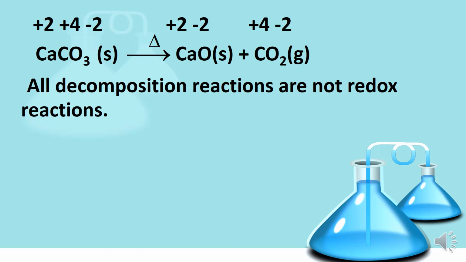Now see carefully that there is no change in oxidation number of calcium or carbon or oxygen when calcium carbonate undergoes decomposition. So this decomposition reaction is not a redox reaction. Students, you must remember that all decomposition reactions are not redox reactions.